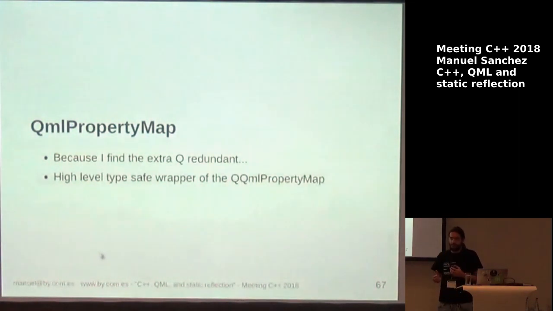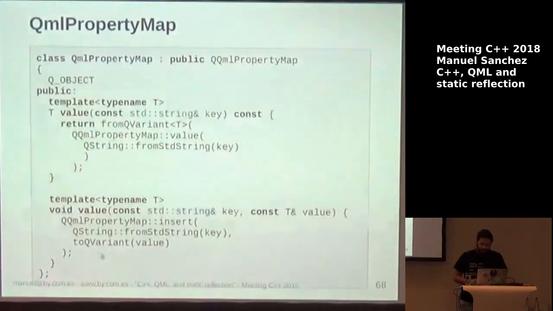It's not type safe at all. So I wrote a little wrapper that takes templates, so the values are taken with their real type, and our library of translation between types does all the piping. Okay, checking, asserting if the type is not right, whatever it needs. But the user just sees a map interface that can take whatever you pass to it: integers, std strings, vectors, whatever you want.